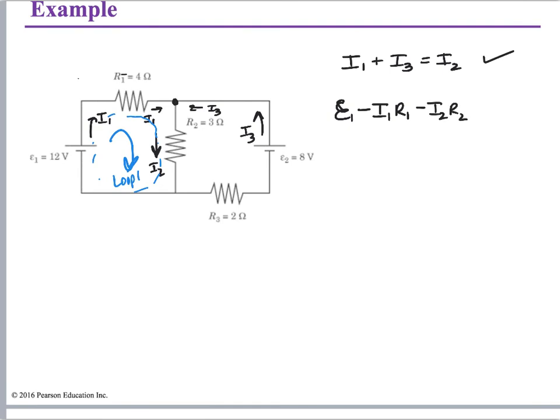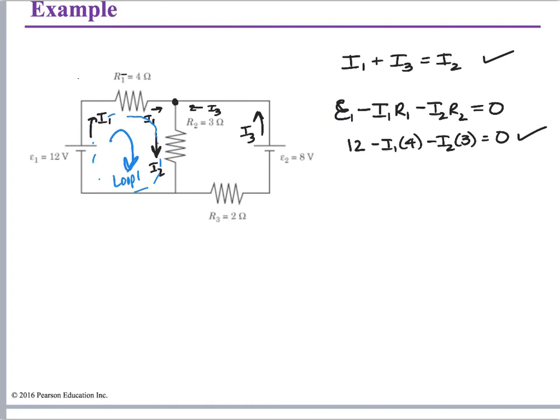And then I come around to the battery, I don't hit anything else. So that's my equation. Putting in numbers: 12 volts minus I1 times 4 minus I2 times 3 equals 0. So that becomes my second equation.